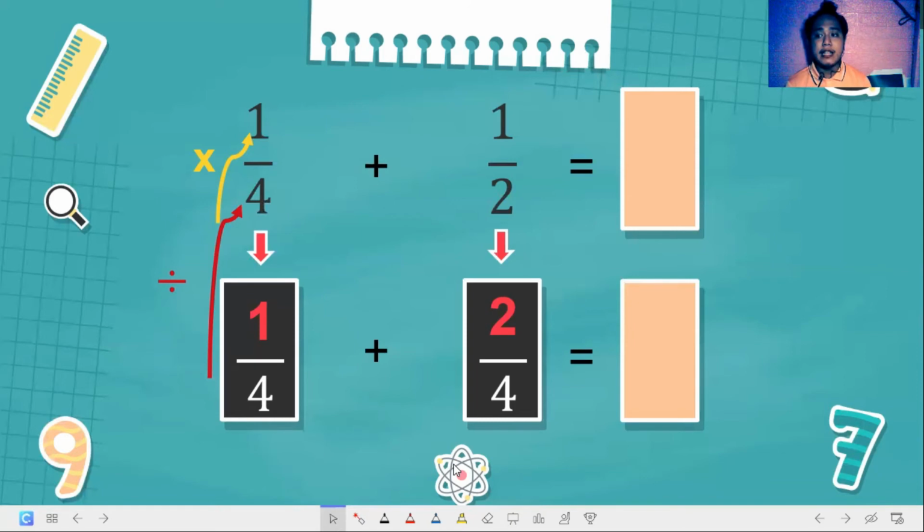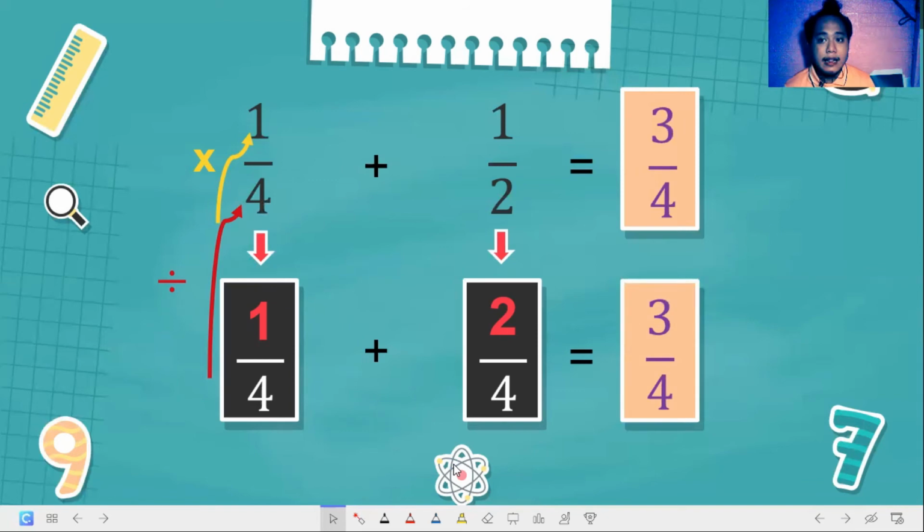And copy the denominator. That's why the result is 3/4. How about 1/4 plus 1/2? What will be the result then? It's also 3/4 because again, 2/4 is just an equivalent fraction of 1/2.